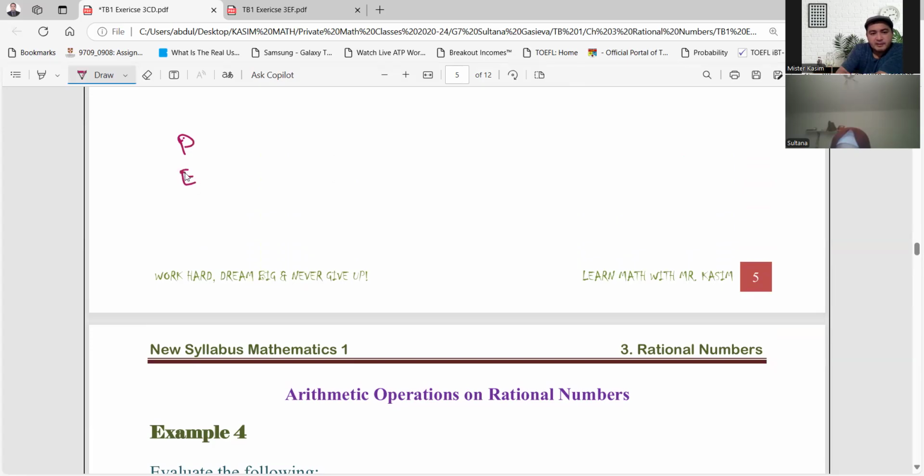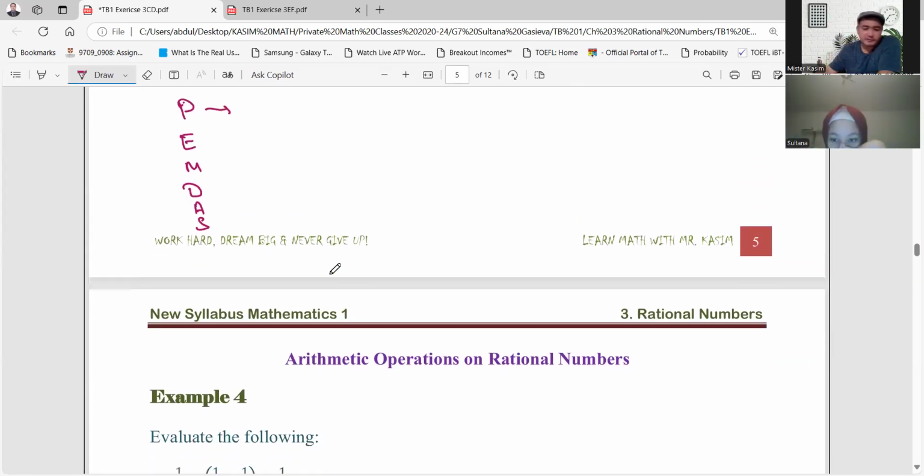P, E, M, D, A, S. P stands for parentheses, E for exponents, M multiplication, D division, addition, and subtraction. But division and multiplication, whichever comes first from left to right. Yes, good, very good.